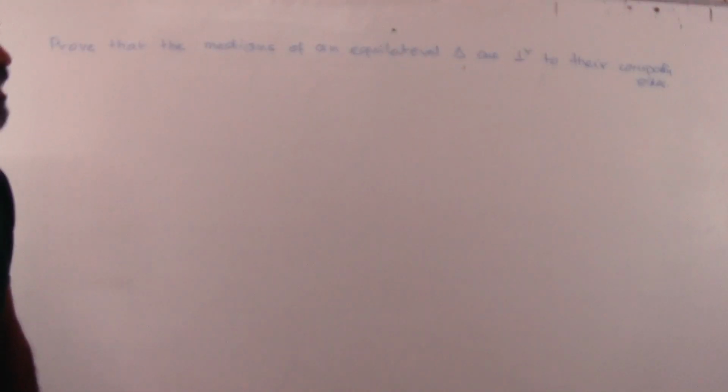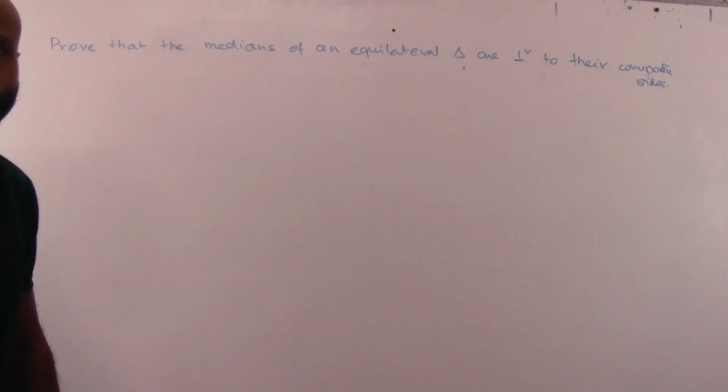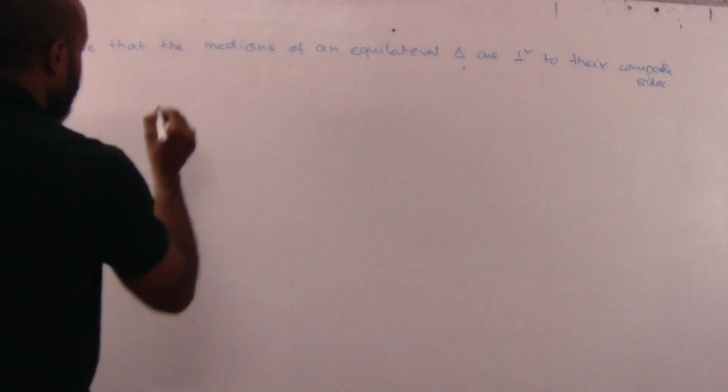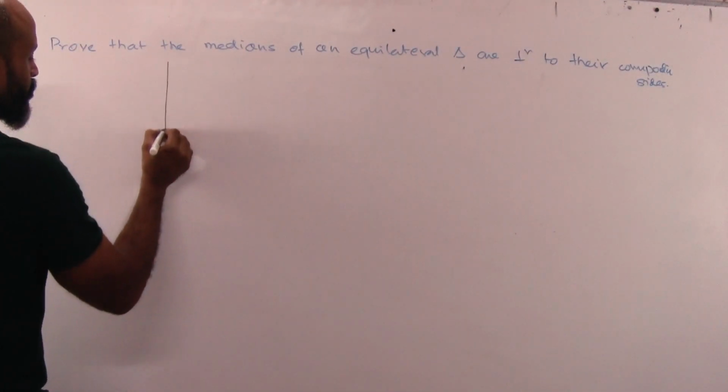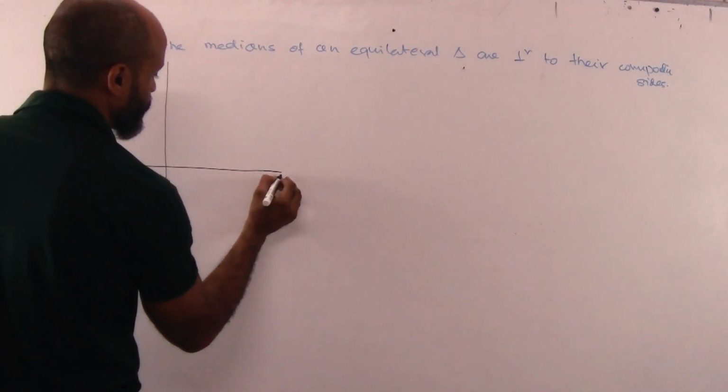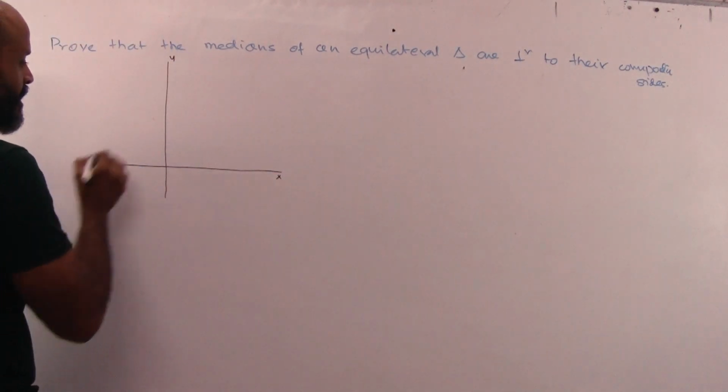Okay, so we have here the problem: prove that the medians of an equilateral triangle are perpendicular to their corresponding sides. So how will we do this? Let's say we have the x-axis base, the y-axis here, the x-axis here. Okay, this is basically the y-axis.